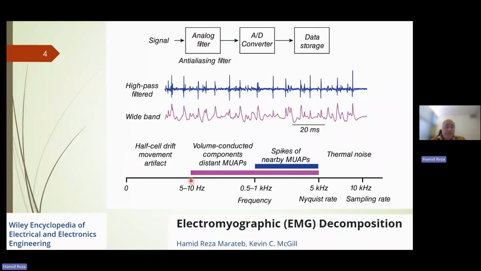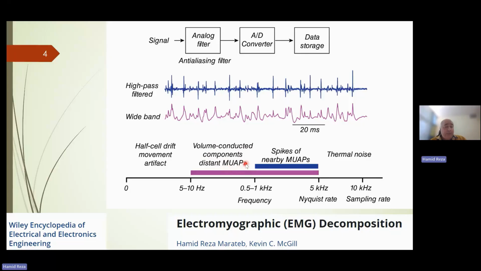However, from around 10 hertz to about 1 kilohertz, we have the volume conducted components of motor unit action potentials from those motor units that are far from the recording electrode. And since we have the volume conductor, we have a decrease of the amplitude and also of the frequency content of the action potentials related to motor units far from the electrode. So they cannot be used to precisely locate the action potential.